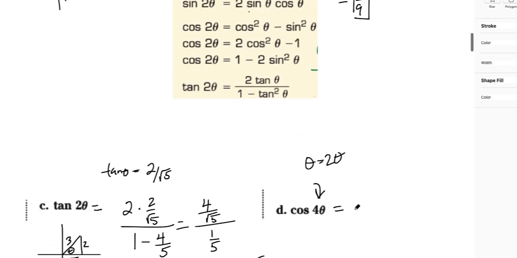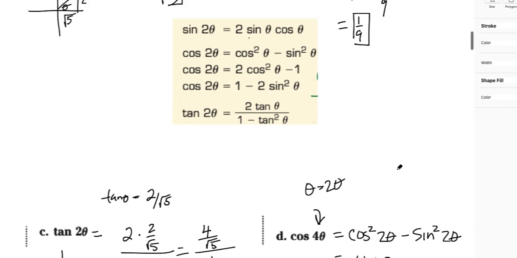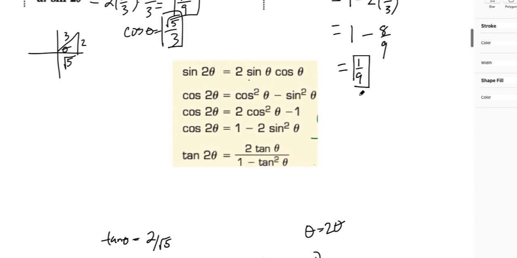I'm going to, I don't know, for kicks and giggles, let's use this one up here. So I know I'm going to have to do cosine squared 2 theta minus sine squared 2 theta. Does that make sense? All right, I'm going to believe that you guys are getting me. And so cosine squared 2 theta is going to be 1 over 9 quantity squared. Remember, cosine of 2 theta was 1/9.